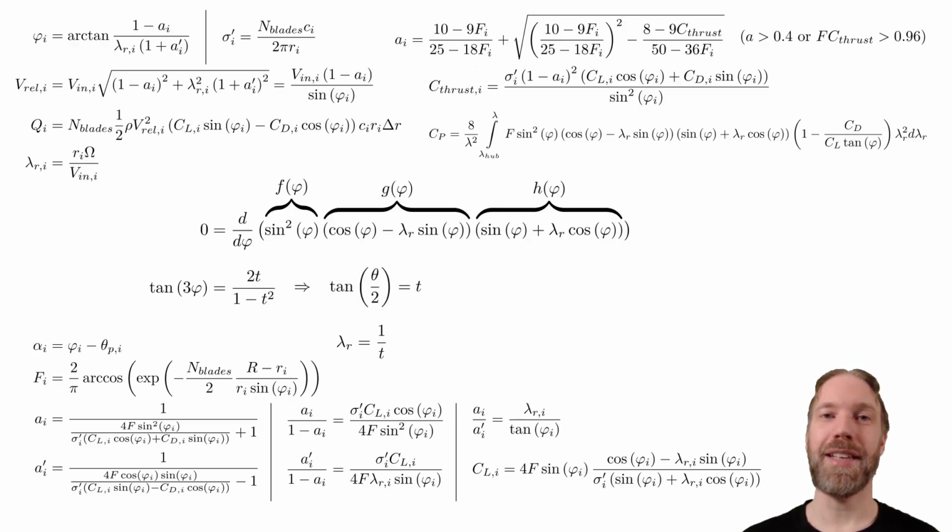Call tangent of theta over 2, t. We know that tangent of theta is 2t over 1 minus t squared. If you want to see the proof, just look up Weierstrass substitution on Wikipedia. We can now see that these two expressions are identical. Hence, we can identify theta as 3 phi.